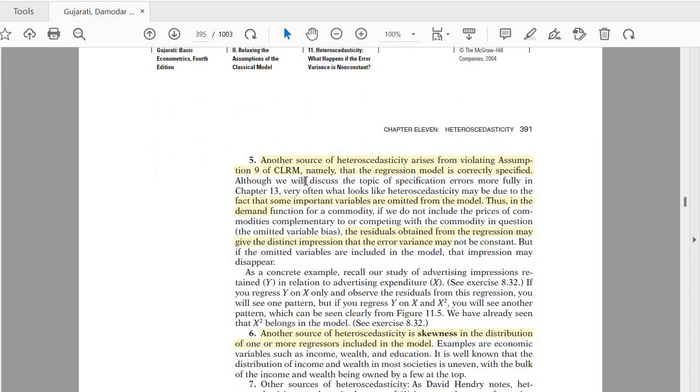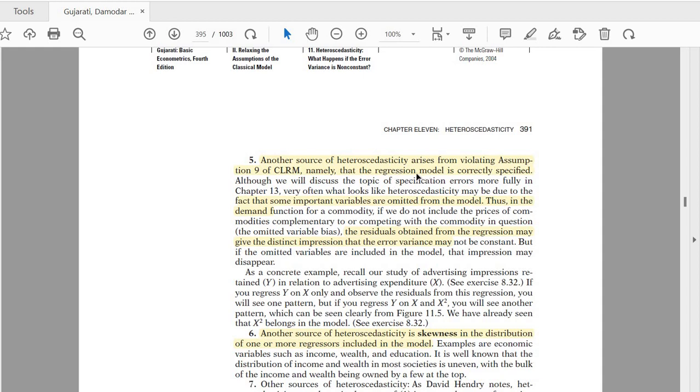So moving on, type number 5 reason: another source of heteroscedasticity arises by violating assumption 9 of CLRM, namely that the regression model is correctly specified. This is a really important point. Generally what we do is we write, well, y is equal to alpha plus beta x plus blah blah.